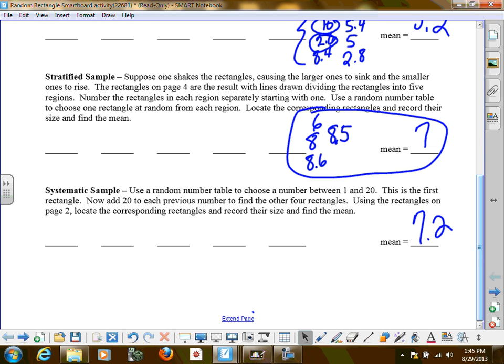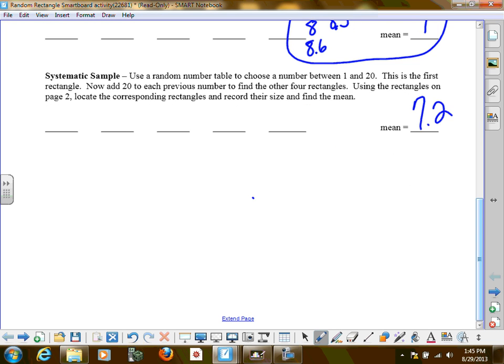Okay, systematic. That was the one where you picked a random one and then you did every 20th. So, let's get the rest of these here. Sarah, what did you get? 10.2. Parker, 5.8. Shania, 10. Billy, 6.6. Dalton, 9.4. Maddie, 11.